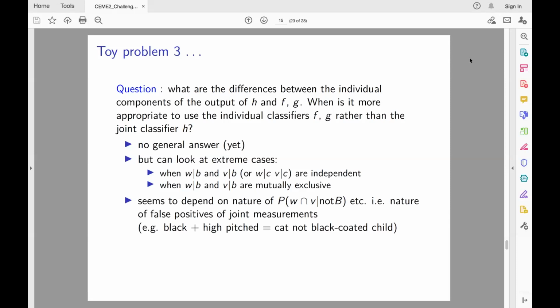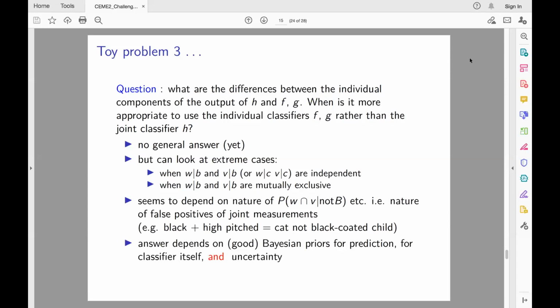Next slide. And it seems to depend on the nature of false positives. So for example, if we have a black coat and a high-pitched voice, are we seeing the black-coated child that we wanted to find, or are we actually seeing a cat? And I think the answer depends on these Bayesian priors for prediction.